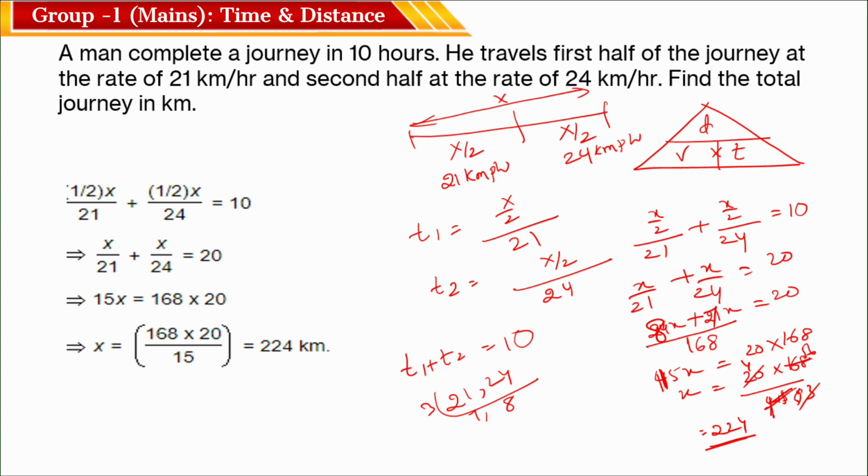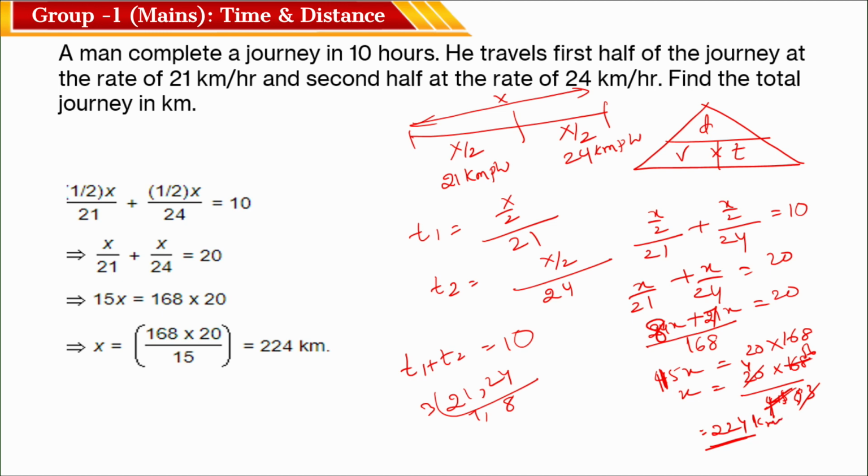So, T1 equals x by 2 by 21 and T2 equals x by 2 by 24, because time is equal to distance by speed, and T1 plus T2 is given as 10 hours. So, x by 2 by 21 plus x by 2 by 24 equals 10, then after simplification you get x equal to 224. So, the total journey is 224 kilometers. In this manner you can find the answer easily.